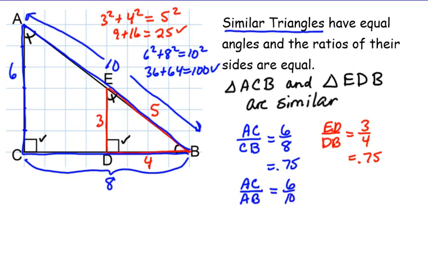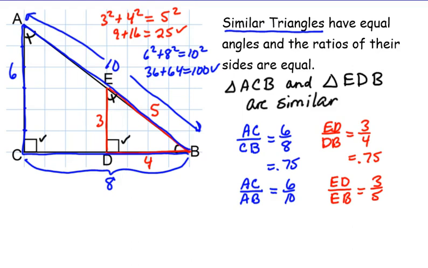If we look at the red triangle, we would have ED over EB, which would be 3/5, and 3/5 and 6/10 are equal to each other. So notice if the ratios of the sides are equal to each other, then their trig values must also be equal to each other.